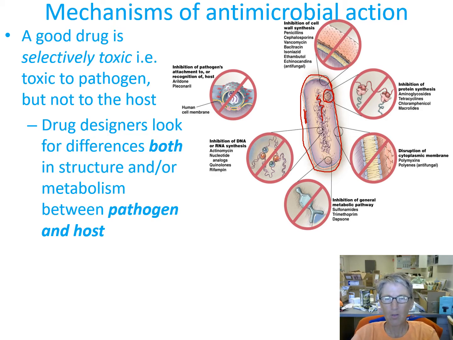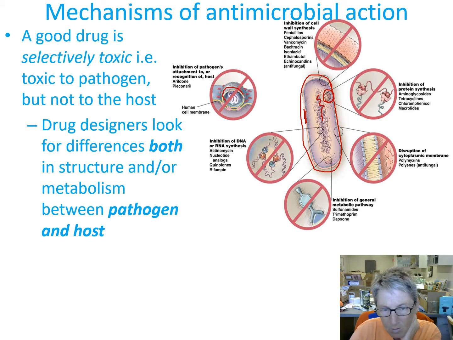So let's look at all these ways you could design a drug to destroy a bacteria in this case. You could inhibit the pathogen of interest, so that could be a virus or a bacteria. In this cartoon, it looks like a virus. So if you're designing a drug, you could inhibit the pathogen's attachment to or recognition of the host.